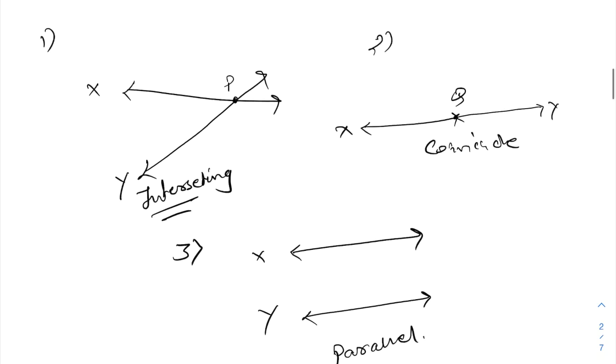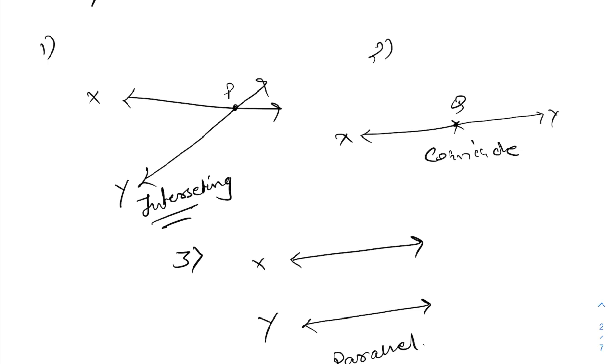Now based on the nature of the graph, that is whether the lines intersect at a point, coincide, or are parallel to each other, we can decide how many solutions it can have. For example, if two lines intersect each other at a point, it will have only one solution.